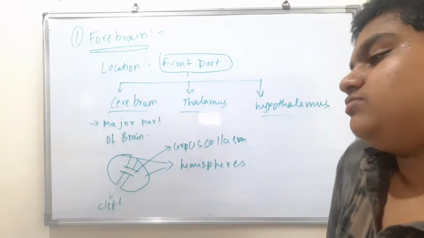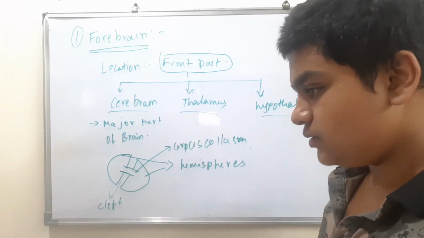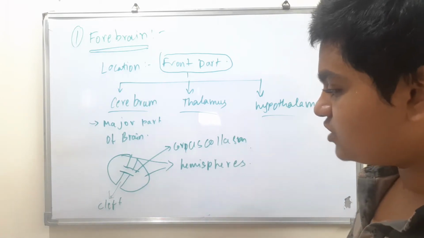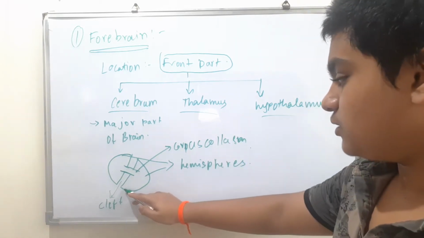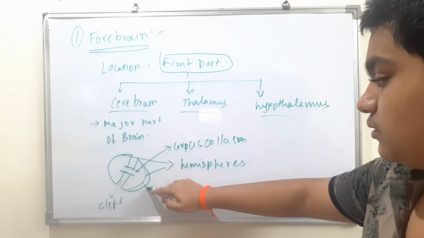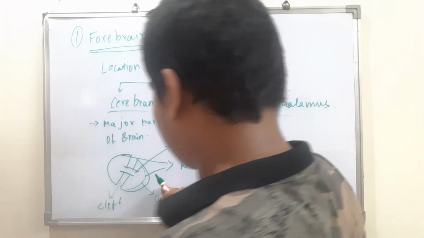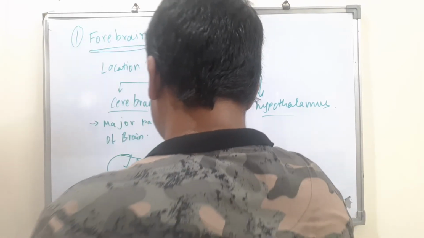Now, there is a group of cells which have most of the foldings here. This is called the cerebral cortex. The outermost or topmost layer is called the cerebral cortex.